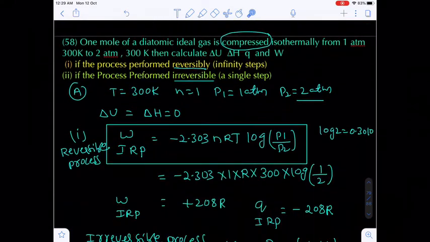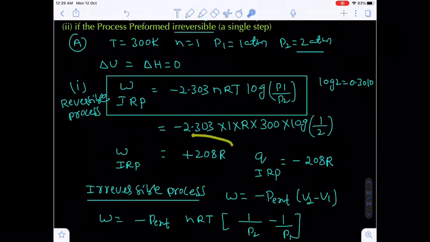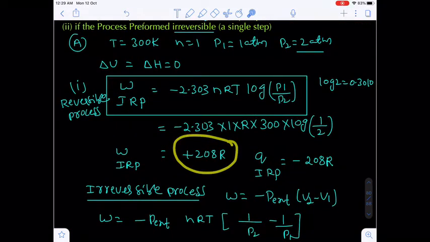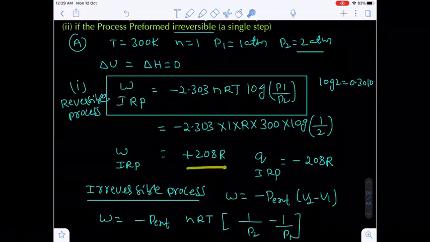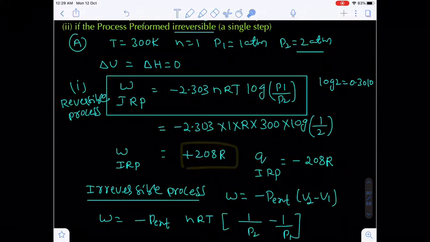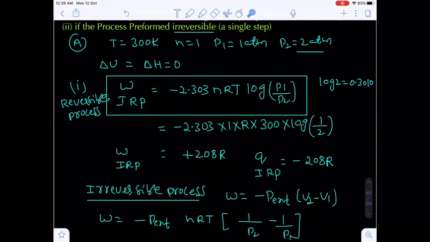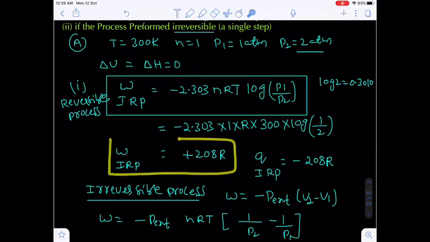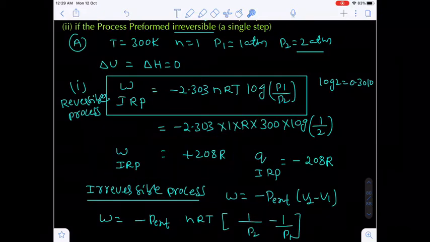Now in the compression, you see plus 208. That means in both cases the magnitude of work done is the same, because in a reversible process, if you reverse the process, you can achieve the reaction in either the forward or backward direction. Only the direction changes. That's why the magnitude of work done is always the same, but with opposite sign.